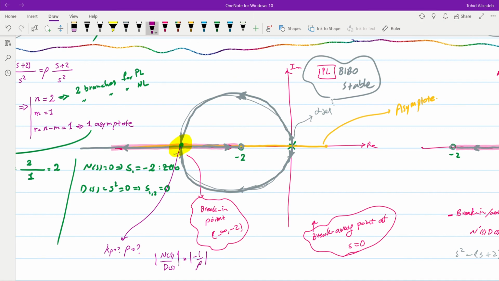At that point, we already know that that point belongs to our Root-Locus. For n of s, you can plug the value of s, which is minus 4, into the equation. N of s is equal to s plus 2, so we will have minus 4 plus 2 over minus 4 squared.